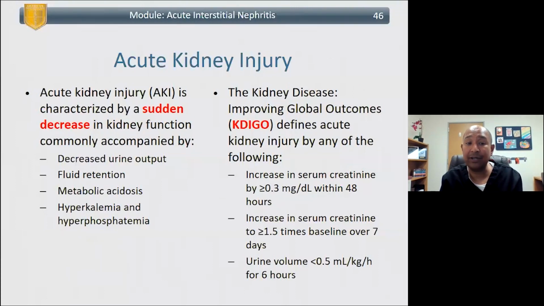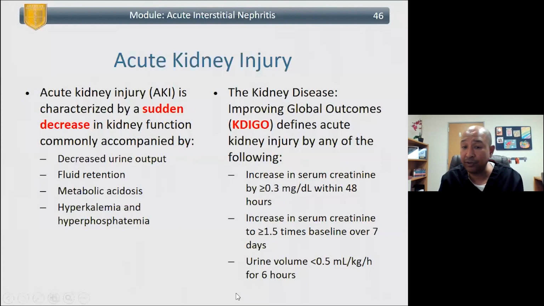Acute kidney injury is in general described as a decrease in urine output, fluid retention, metabolic acidosis, hyperkalemia, and hyperphosphatemia. Those are things that characterize acute kidney injury. How do we define it? I like using KDIGO, Kidney Disease: Improving Global Outcomes, for your boards and in clinical practice.